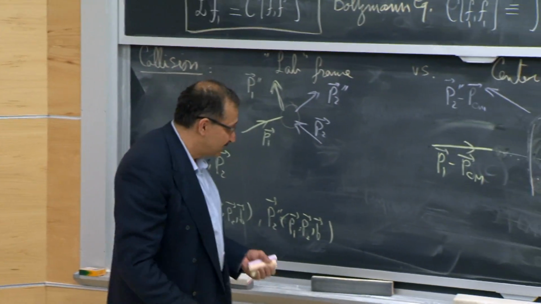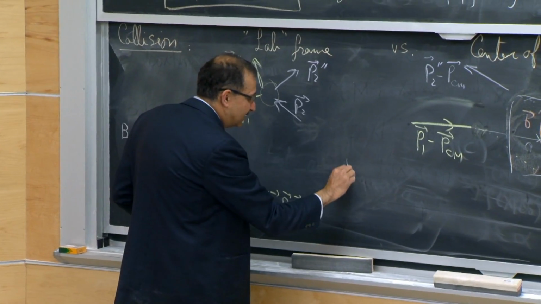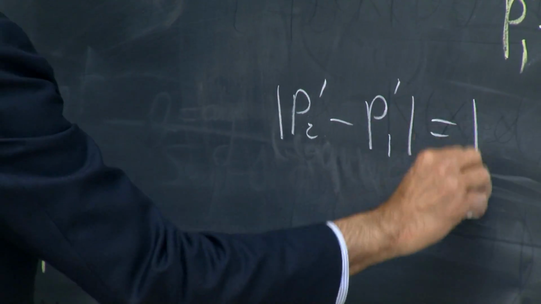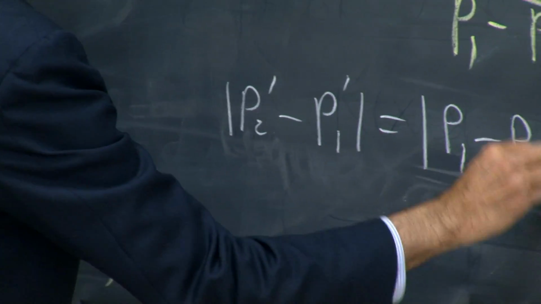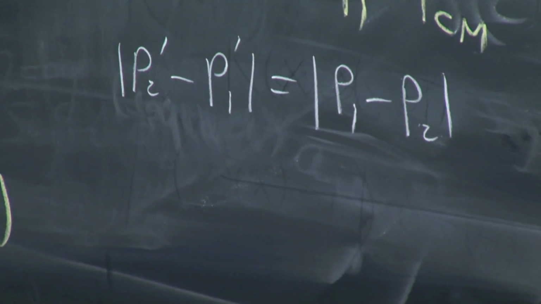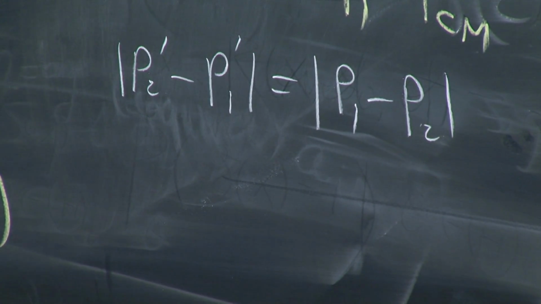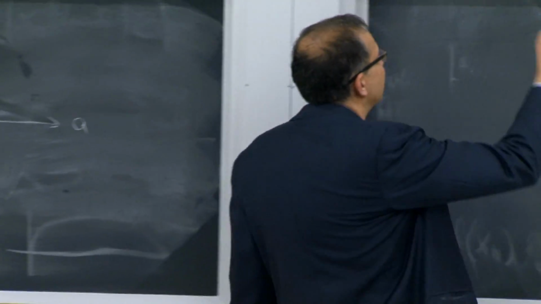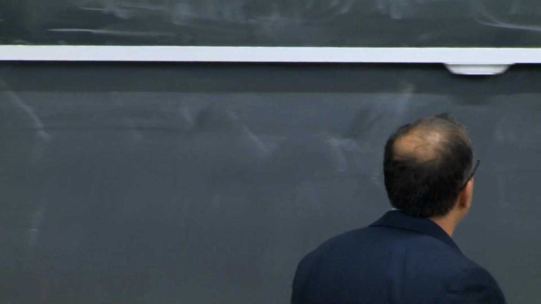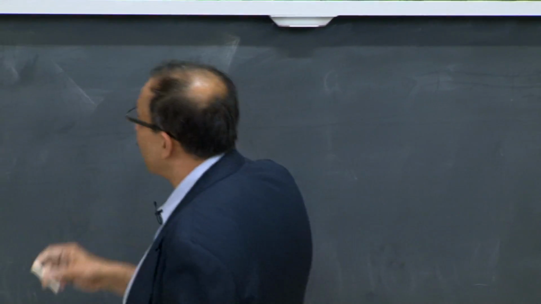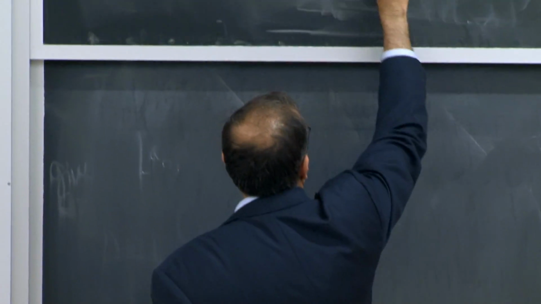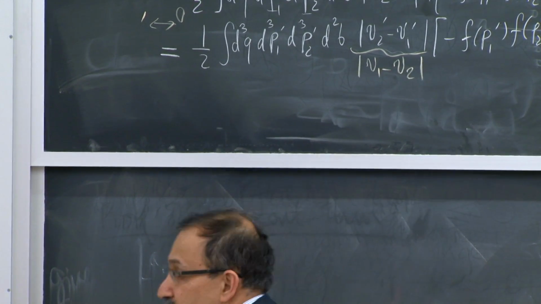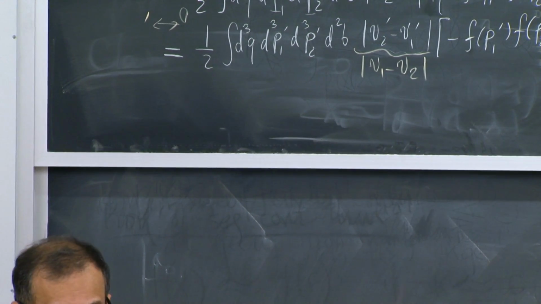So after the collision, p2 prime minus p1 prime is the same thing as p1 minus p2 for elastic collisions. Okay? So as far as this factor is concerned, I could very well replace that with v1 minus v2 without the primes. It really doesn't make any difference.